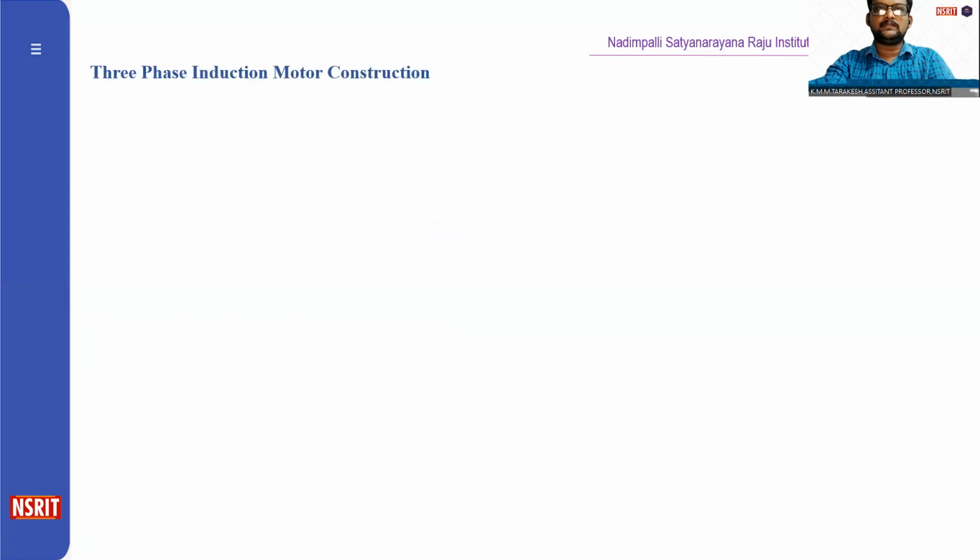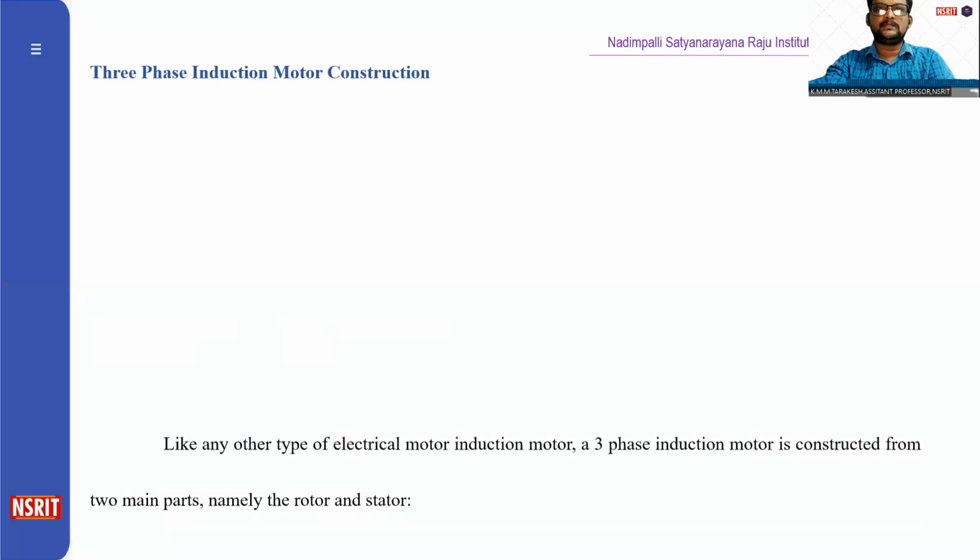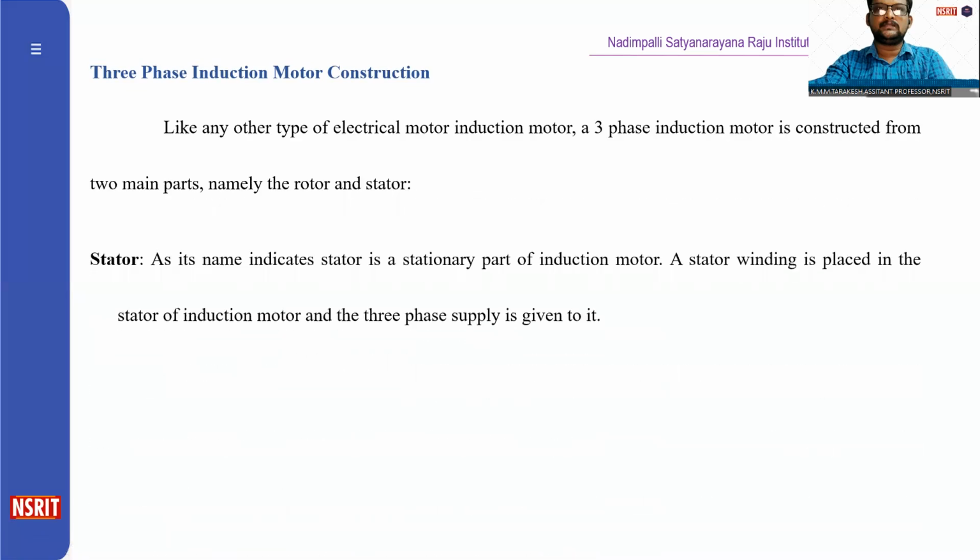You know that every machine has two parts: one is stator and the other one is rotor. In this three-phase induction motor, the field winding is mounted on the stator.